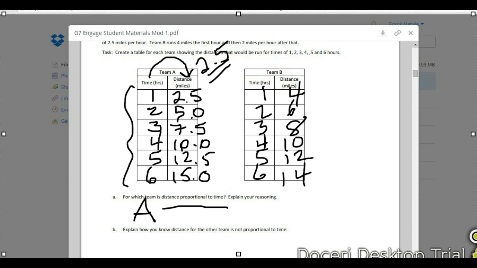It's not proportional because in the first hour we have a multiplier of 4, but after 2 hours, we have a multiplier of 3. And then after 3 hours, we have a multiplier of 2.3 or thereabouts. So you can see that it changes. It's not proportional throughout.